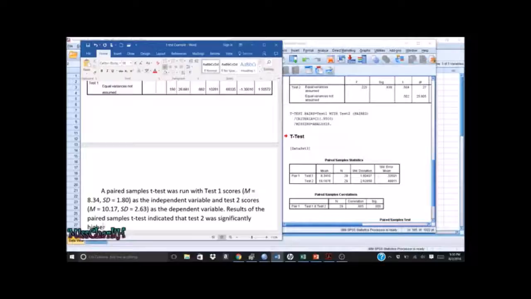Test 2 was significantly higher. That test 2 had significantly higher scores than test 1. And then you should probably put your t-test, or it just doesn't really help much. Doesn't show that you ran it real well.